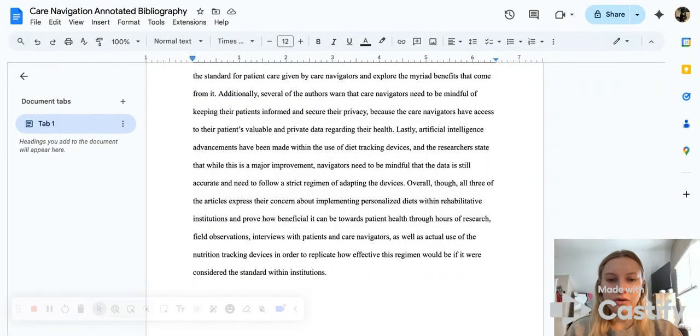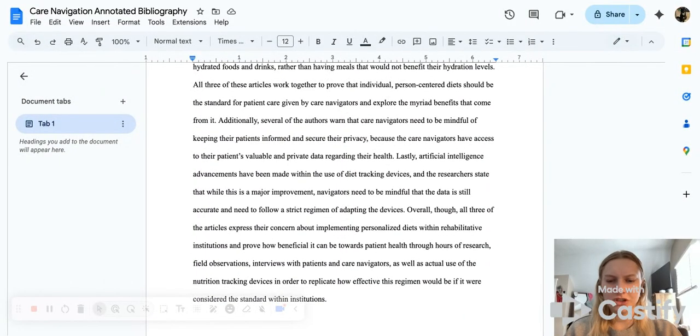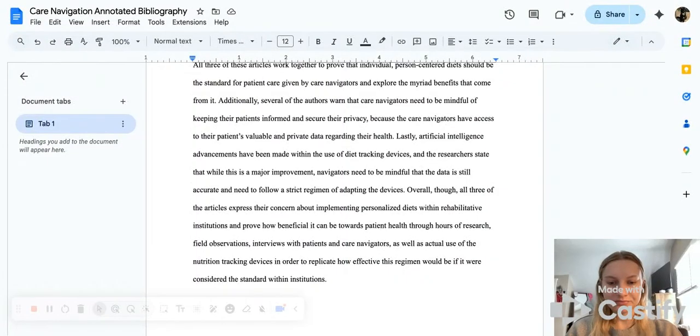Overall, though, all three of the articles express their concern about implementing these personalized diets within rehabilitative institutions because it has proven over and over how beneficial it is towards patient health. And also, the use of these tracking devices further advances this personalized nutrition regime that is trying to be implemented.